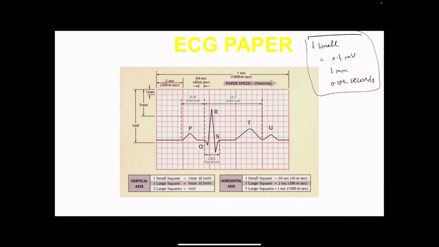Then in another slide, you'll see it has to be 0.10 millivolts. Another slide, you'll see it has to be 0.12 seconds. They're all talking about the same thing, but just know that one small square is 0.1 millivolts or 1 millimeter or 0.04 seconds. So just have these in mind so you can understand what the doctor is trying to tell you.